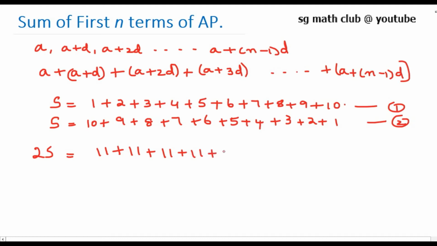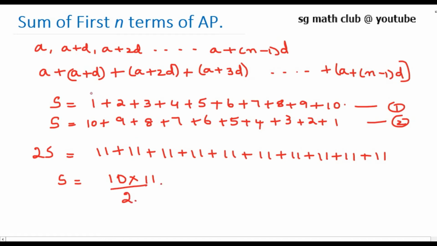So like that, when I add all these numbers, I will be getting 11, and we can see 11 is repeated 10 times: 1, 2, 3, 4, 5, 6, 7, 8, 9, and the last one, 10 plus 1, is again 11. So S is 10 into 11 divided by 2, since this 11 is repeated 10 times.